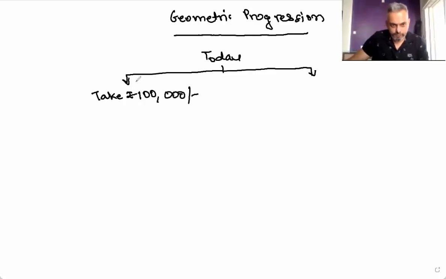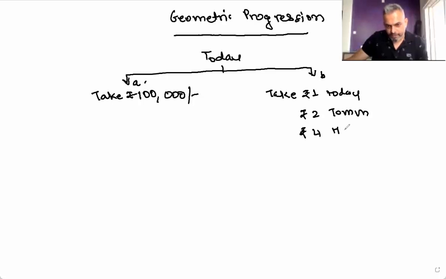Option 2: take rupee 1 today, rupee 2 tomorrow, rupee 4 thereafter, or day after, let's say, then rupees 8 again a day after, for a total of 30 days.